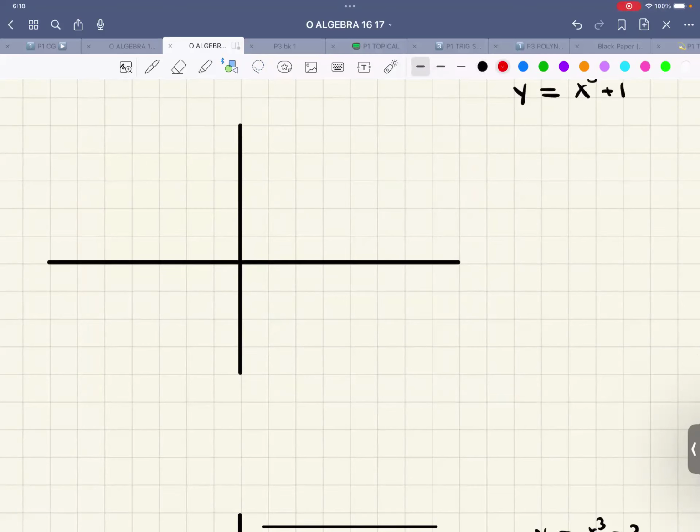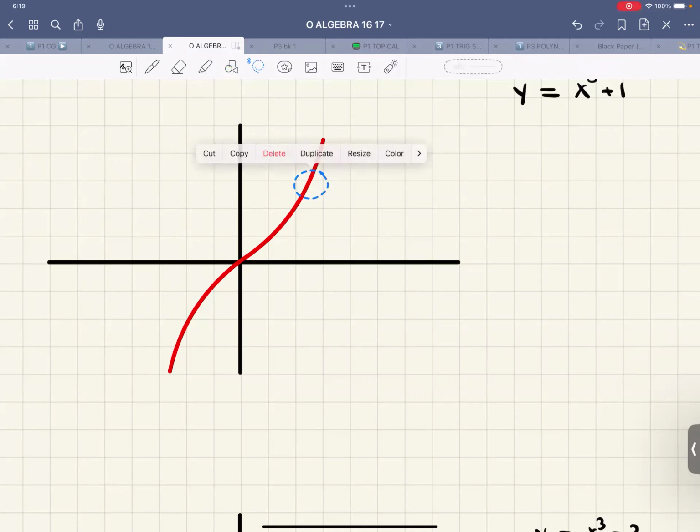The red one goes like this, and plus 1, so the graph is shifted. Let me just copy this portion. This portion is this one, and it has been shifted up by 1 unit, something like this. Not exactly the same thing. Let me just draw it. So that is this one, and that's how the graph is drawn.